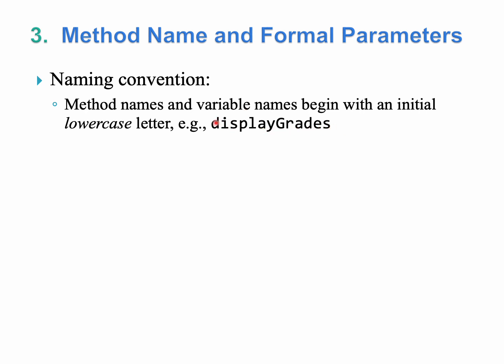So here it starts with a lowercase letter, and each subsequent word starts with an uppercase letter. Also in our naming convention, class names begin with an initial uppercase letter.